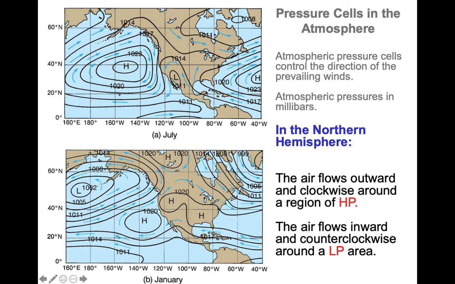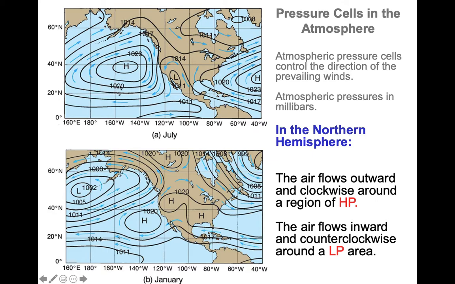These two diagrams show the pressure cells in the atmosphere, and we have high pressure systems and low pressure systems in the atmosphere, and these atmospheric pressure cells control the direction of the prevailing winds. So we will see later on that these pressure systems control and affect the trade winds, for example, and the westerlies quite significantly.